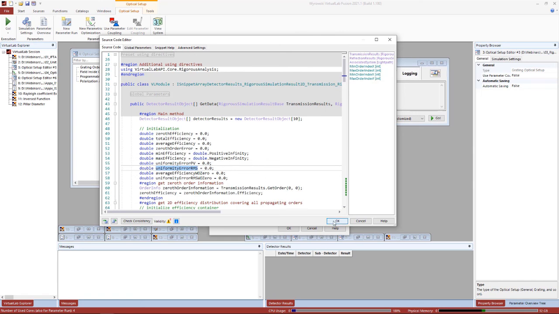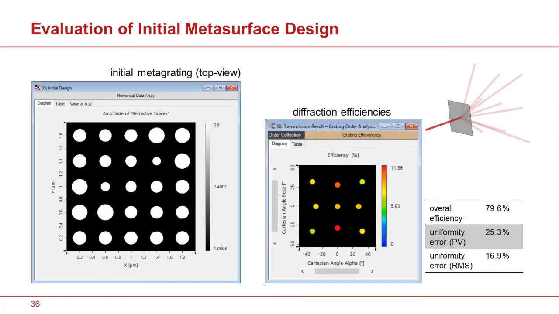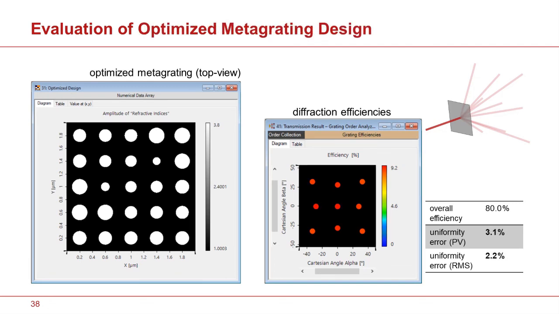We want to achieve as high uniformity as possible. And finally, on screen right now, we can see the initial system with the corresponding results and then the optimized system with the corresponding results. And we see how the uniformity has in fact improved as a result of this optimization process, as we hoped and expected.